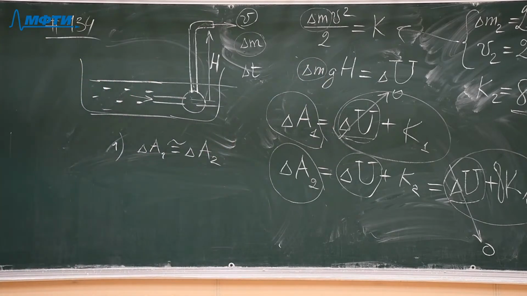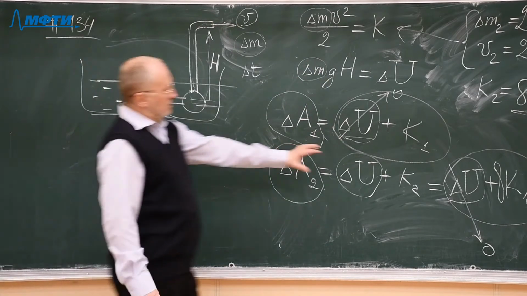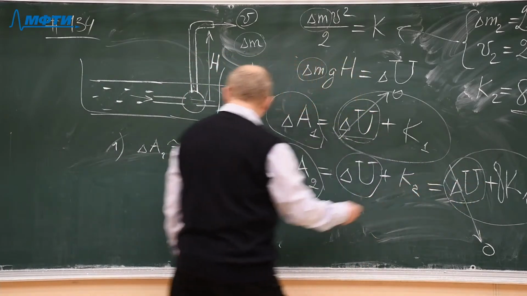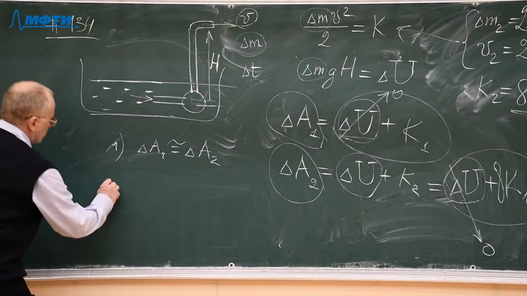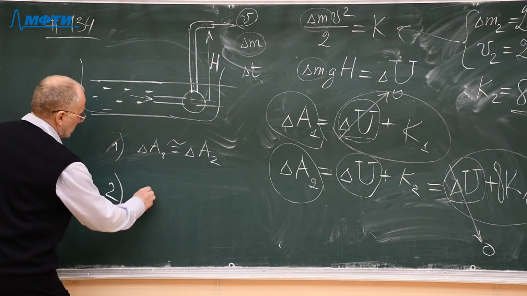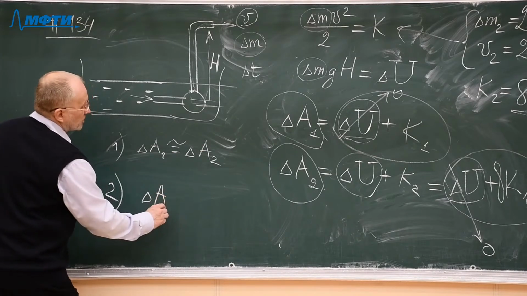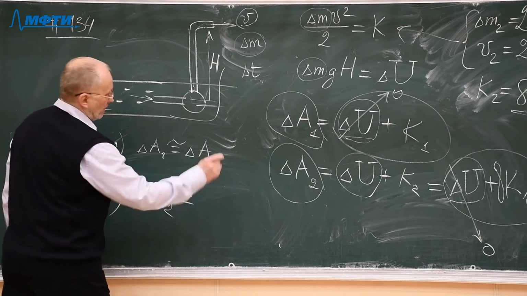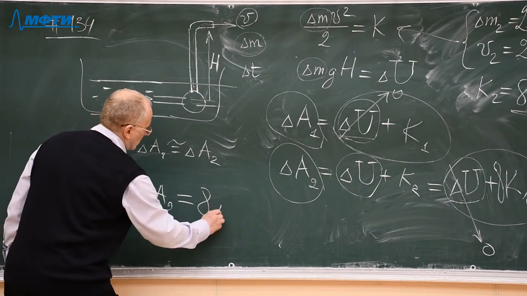In this particular case, the first term may be neglected, and then we obtain that in this second situation, delta A2 will be equal to 8 delta A1.